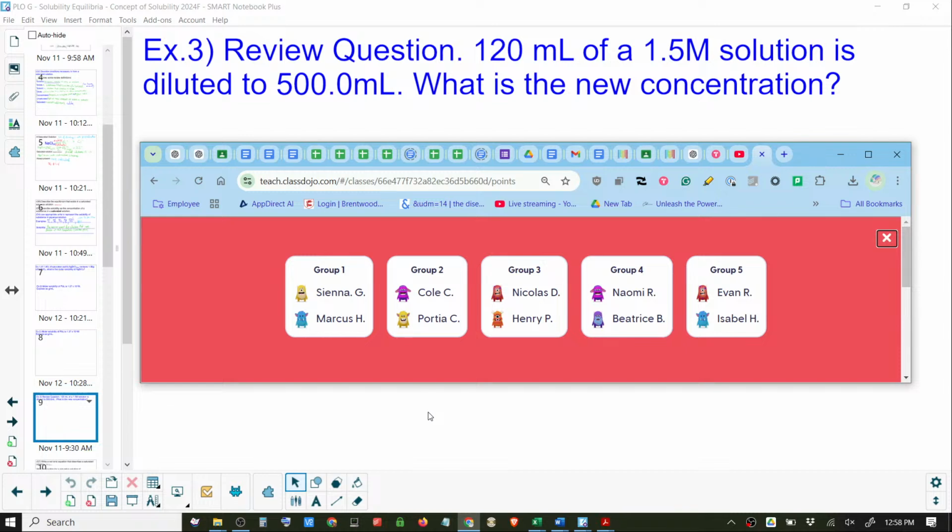You're supposed to be up and working. But isn't it 1.5 moles per 120? Oh, in solution. We don't have the... Do we need the equation? You don't have to have it.